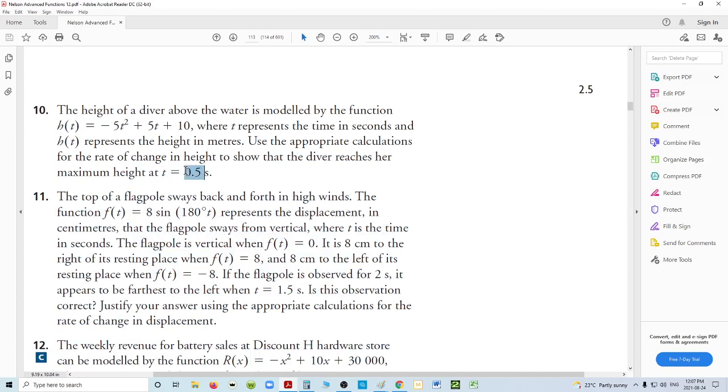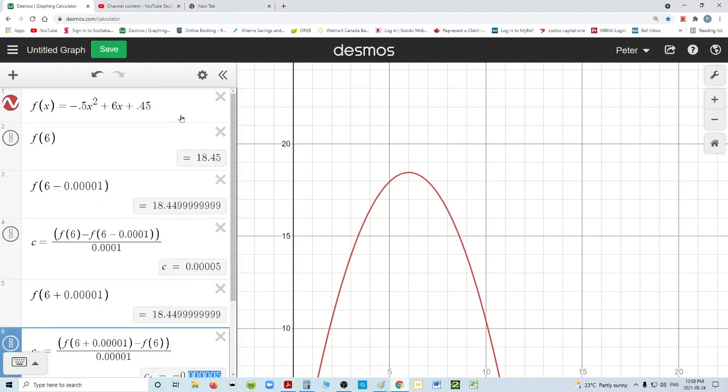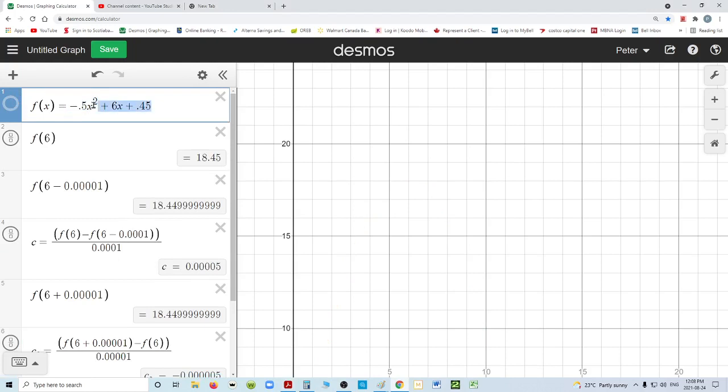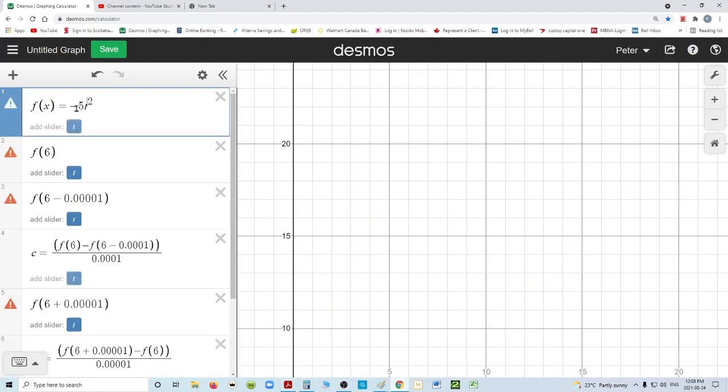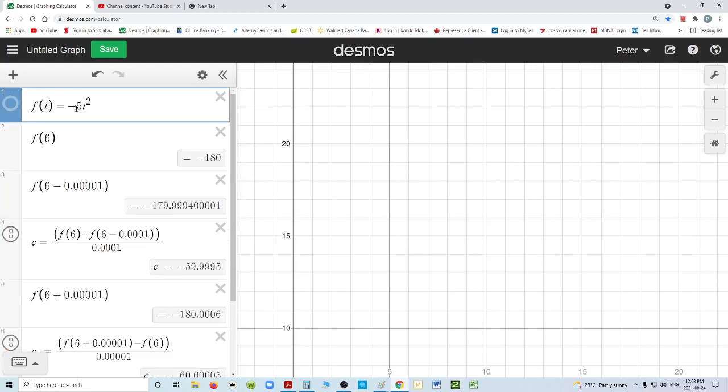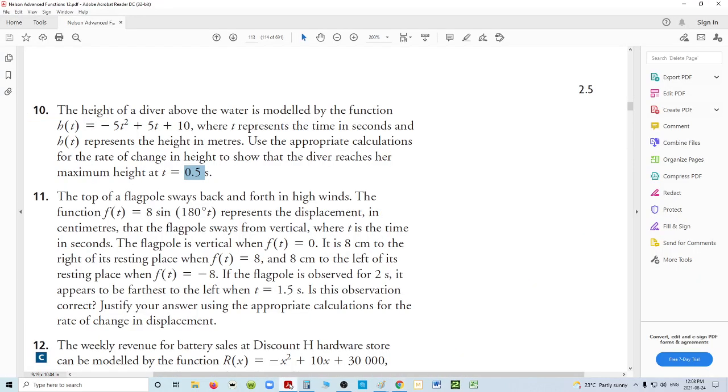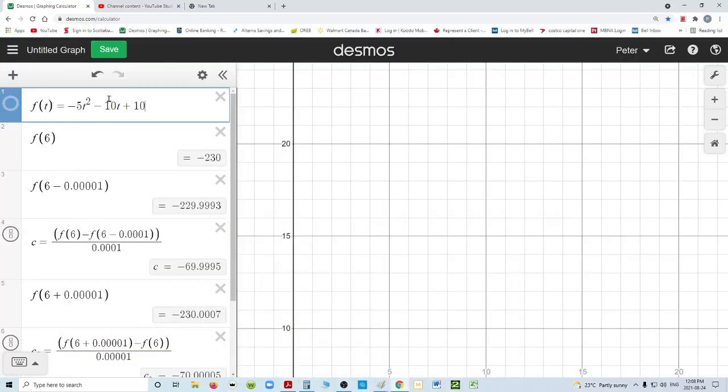Now, I'm going to put it into decimals, but not with the graph. So minus 5t squared plus 5t plus 10. Minus 5, and I'm going to turn it off. So minus 5t squared, and I'm going to do f of t, and minus 10t plus 10, let's go back, plus 5t plus 10.